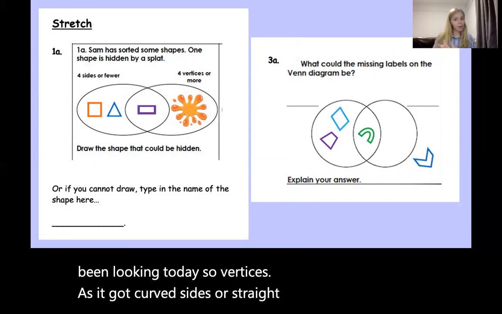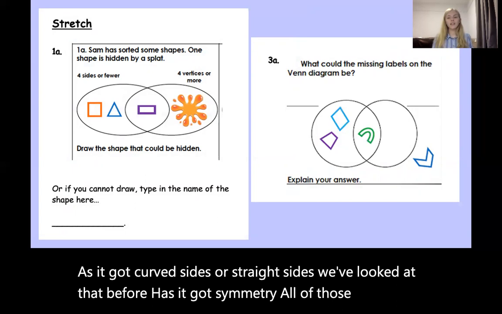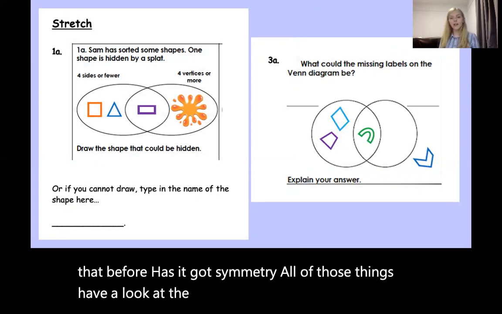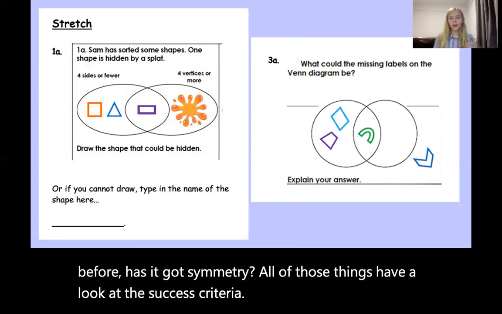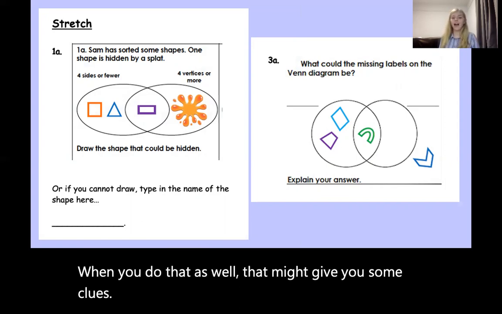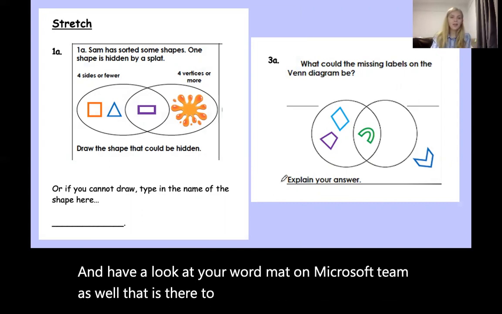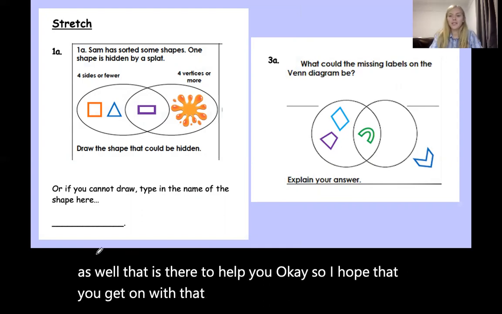We've looked at that before. Has it got symmetry? All of those things. Have a look at the success criteria when you do that as well. That might give you some clues. And have a look at your word mat on Microsoft Teams as well. That is there to help you. Okay, so I hope that you get on with that okay, and I look forward to seeing your work.